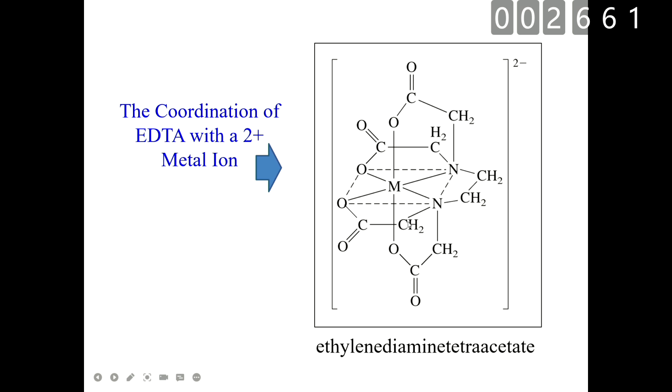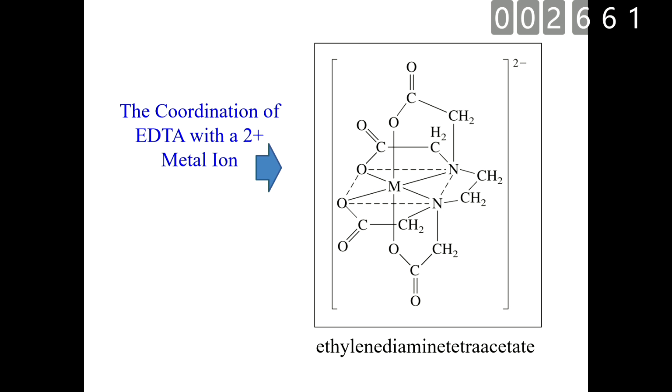So in this structure, 2 nitrogens form 2 bonds, right? And 4 acetates form 4. So how many bonds in the compound?